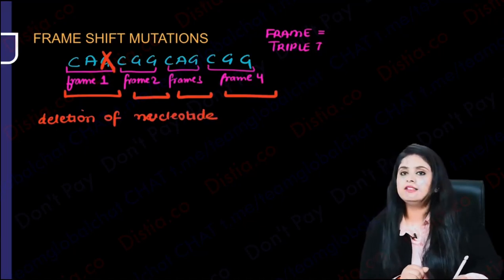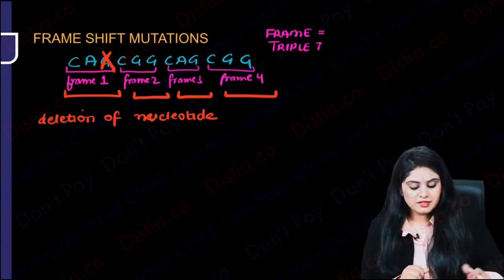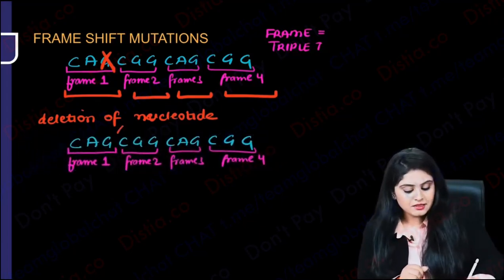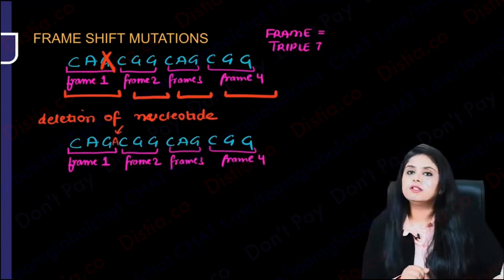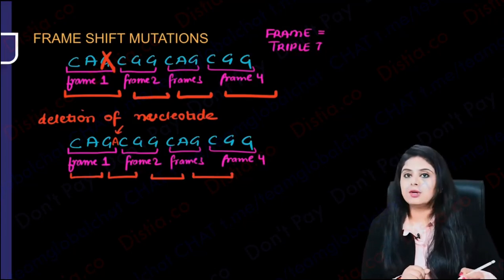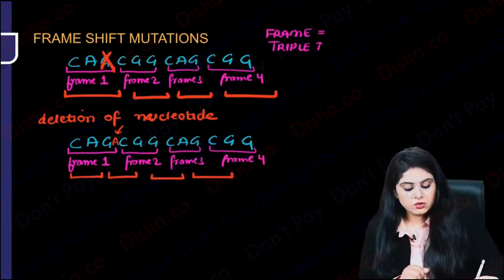Similarly, if I would have added something. For example, guys, I've got the same frame again for you. If I end up adding something over here like A, now what do you think is going to be your frame? The first frame is CAG, but the second becomes ACG, GCA, GCG. So again the frames have changed. So it could either be a deletion or an addition of a nucleotide.